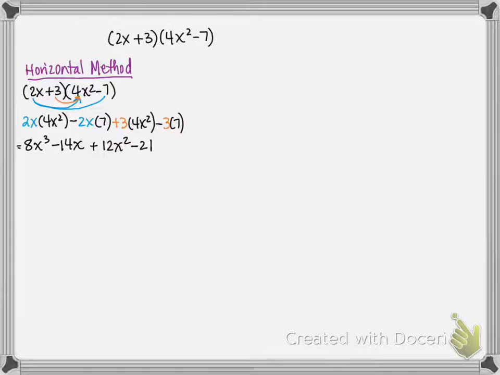in what's called, I'll write underneath here, descending degree order. And descending degree order talks about the exponents on like bases go from greatest to least.